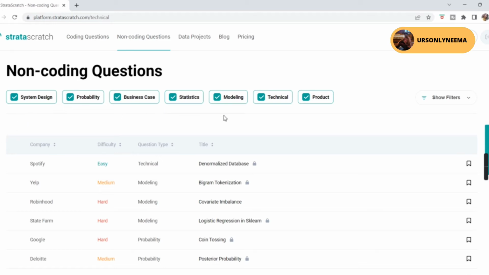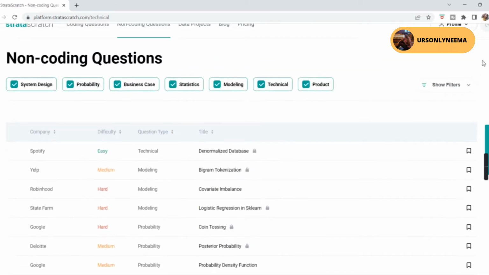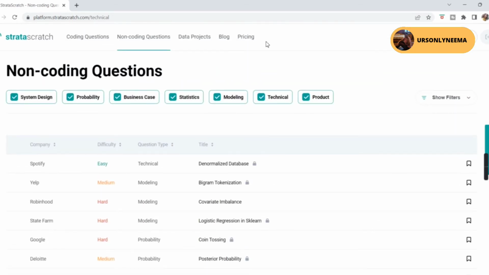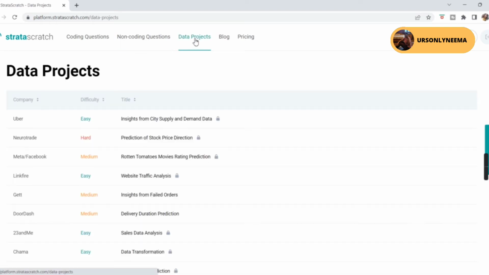So here you see there are sections like business case, statistics, modeling, technical and coding questions. There are system design, at the same time probability questions, and all of these are the same. We have the questions in terms of difficulty and company wise, and you have the data projects that I like a lot, because this is somewhat frequently asked in an interview.